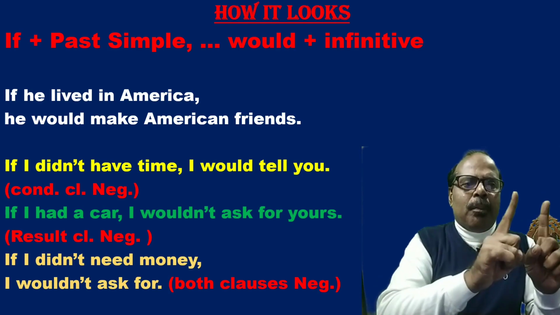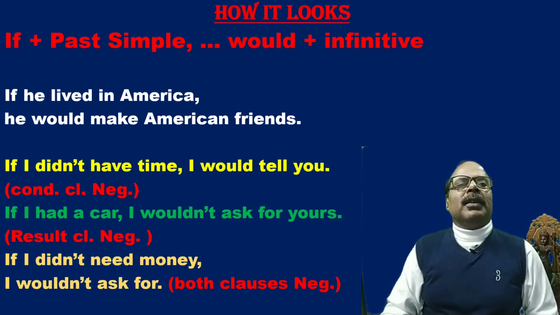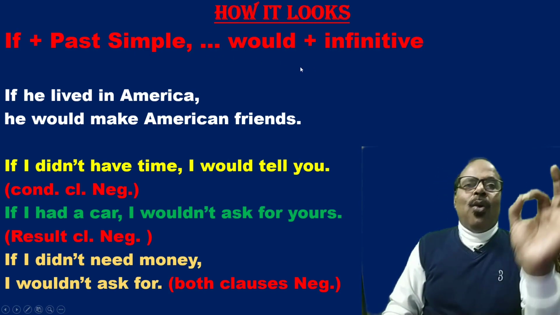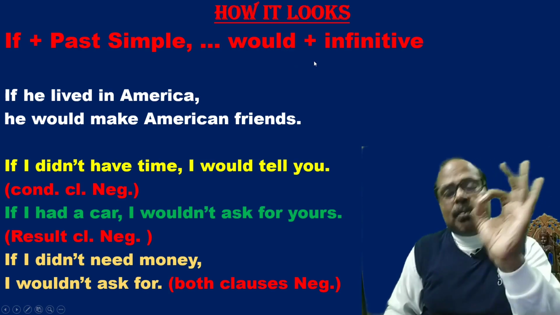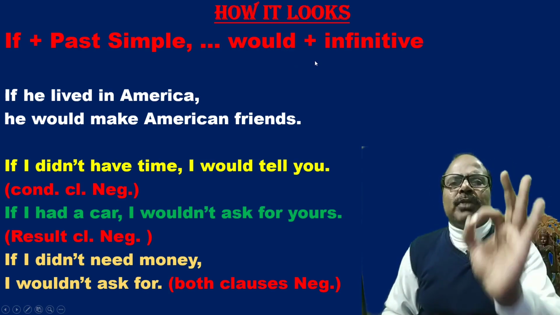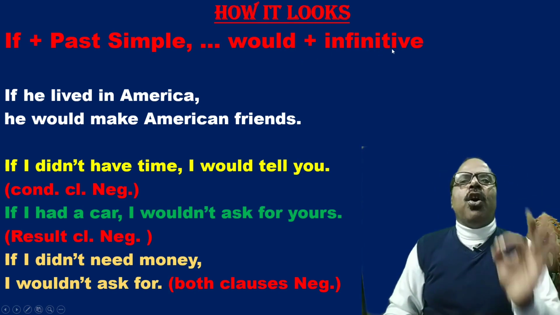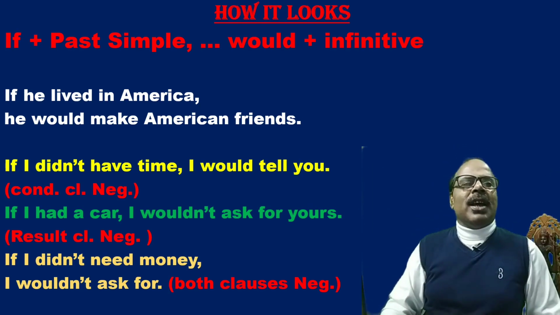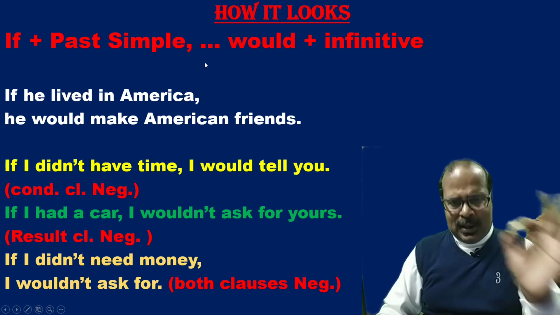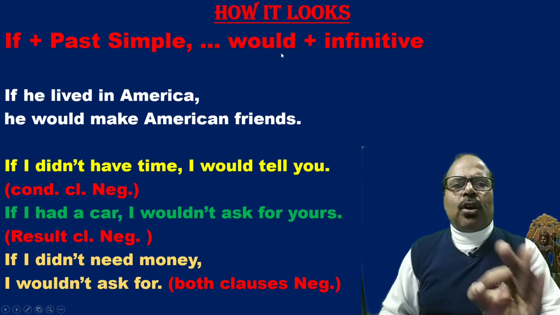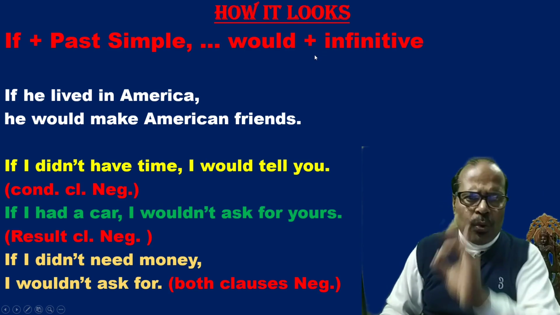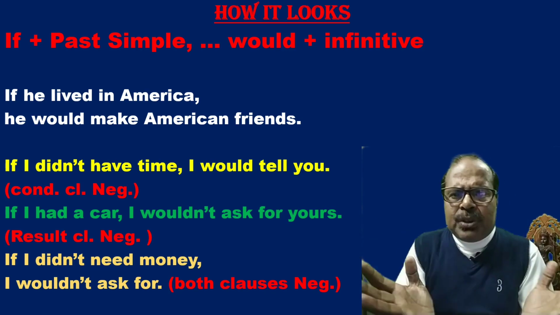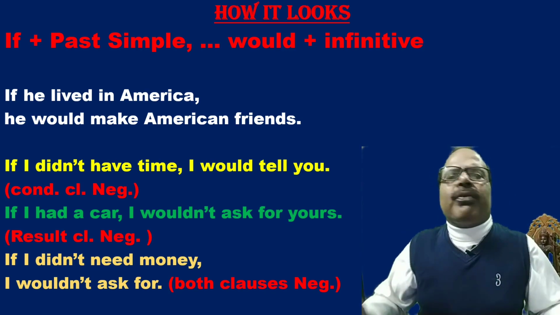So if plus past simple, and then in the result clause, would is used, and after would, the base form, the first form, or the infinitive form of the verb is used. So this is the basic structure of the second conditional sentences. If plus past simple in the conditional clause, and in the result clause, subject plus would plus infinitive form of the verb. If he lived in America, he would make American friends.